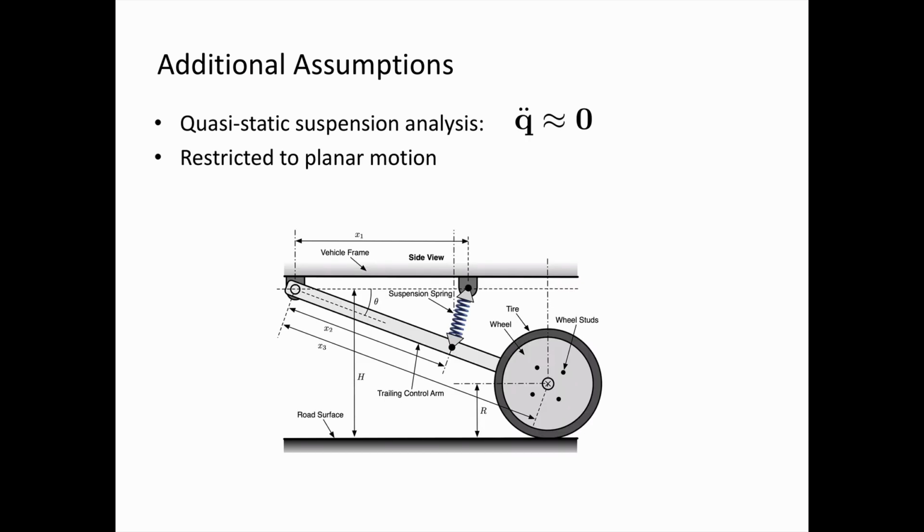Another big assumption is we were restricting this to planar motion. We're only dealing with planar kinematics. That really simplifies things. For those of you who are interested in learning more about three-dimensional kinematics and dynamics, I would recommend that you consider taking a first course in robotics that really digs into the different types of models you can use for three-dimensional kinematics and dynamics.